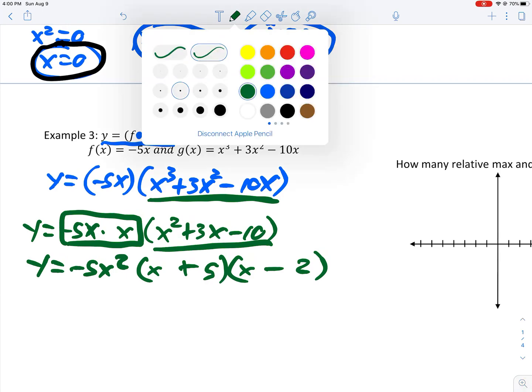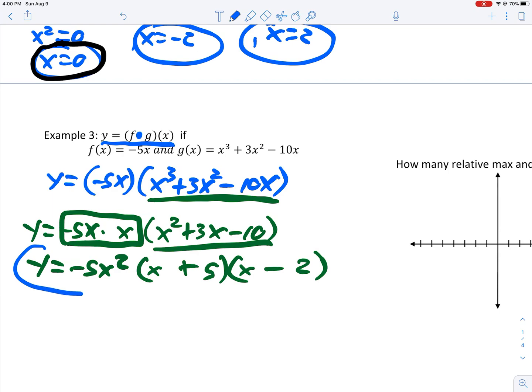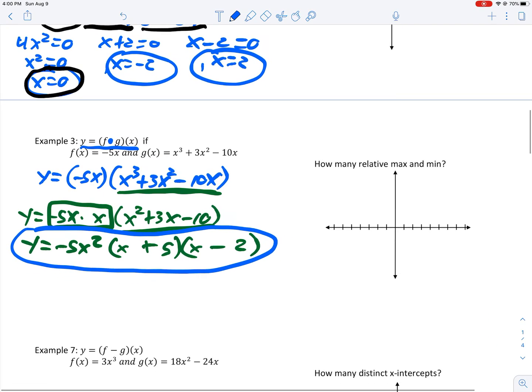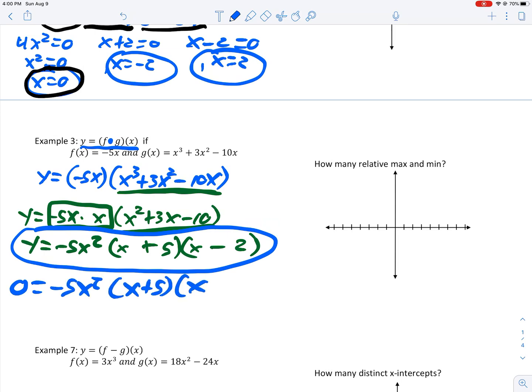So now I'm fully factored. So I'm going to let y equals 0. Right? I went from standard form down to factored form.